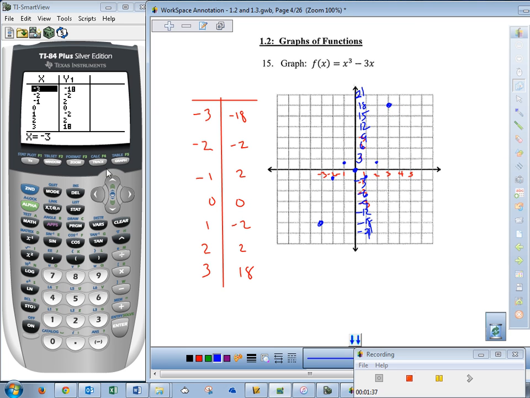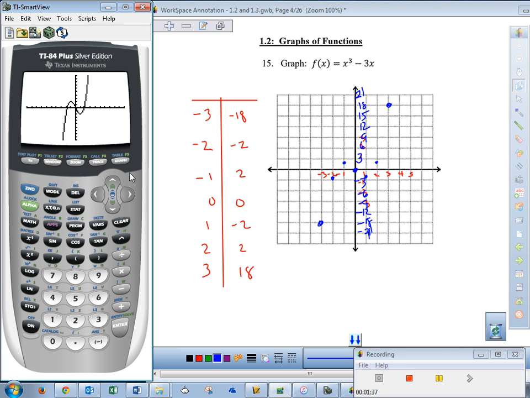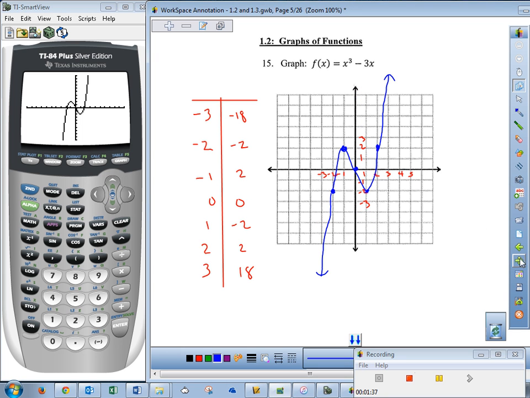And because of your graphing calculator, if you can't remember what it looks like again, just go back to graph. The basic shape when you connect the dots together should look like so. So again, this is a basic refresher of algebra, just moving very quickly.